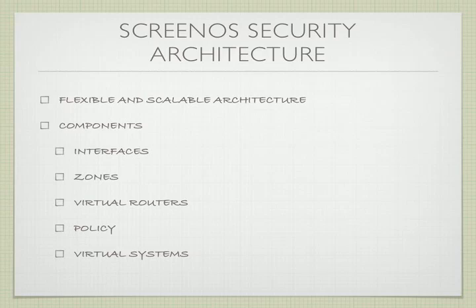These components interact with each other in a hierarchical method in order to provide a flexible feature set in the system. So we're going to walk through the details of the relationships between these components over the next section of slides.